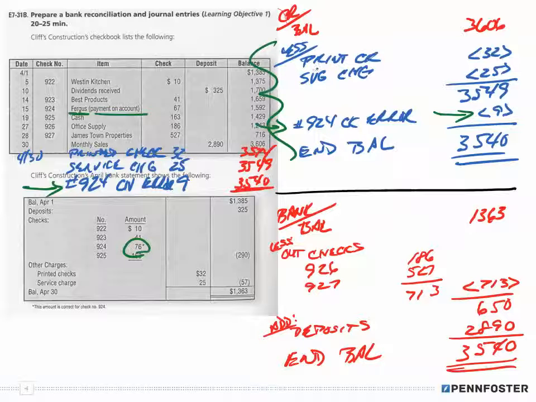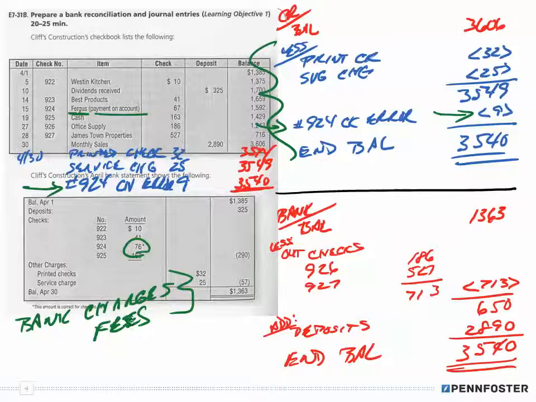And now for the second journal entry, I have printed checks and a service charge. Generally, I would call those bank charges, bank fees. And if you watch the theory videos, you saw that generally we have a general ledger account which we call bank charges, or it would be called bank fees. If you look at your chart of accounts and you don't have an account like that, then generally you'll just use the miscellaneous expense account instead.